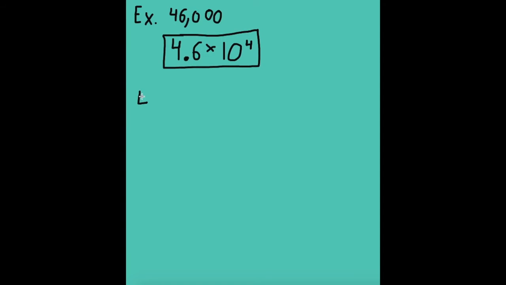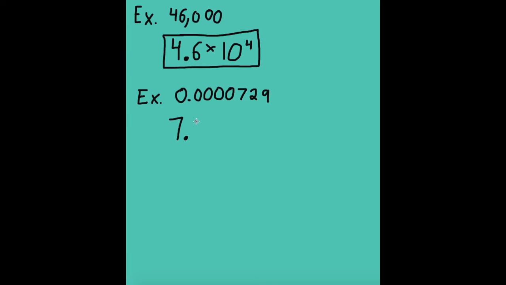Let's do another example. Let's say we have the number 0.0000729. How do we write this in scientific notation? The first step is to look at the first number that is between 1 and 9 in this number, which is 7. Then you put a decimal after the 7.